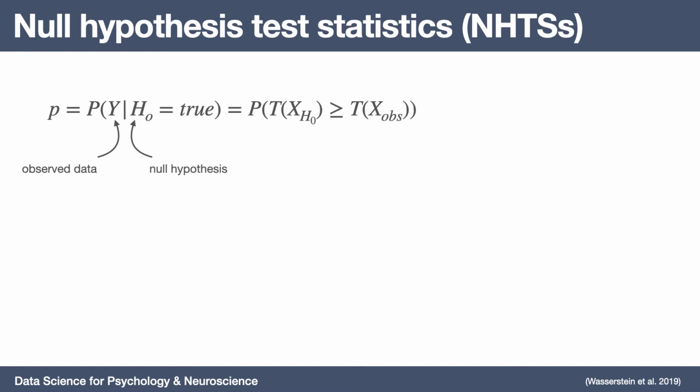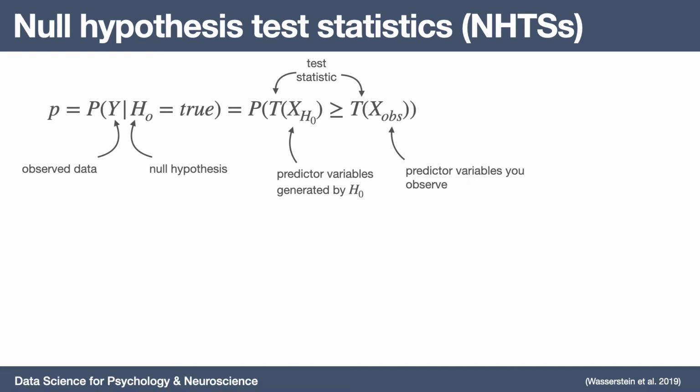So it's the probability that you'd get the data that you have given that the null hypothesis is true. We typically evaluate this by comparing a set of test statistics, where you have a world where the null hypothesis is true, and you compare it to the test statistic you get with your observed variables.